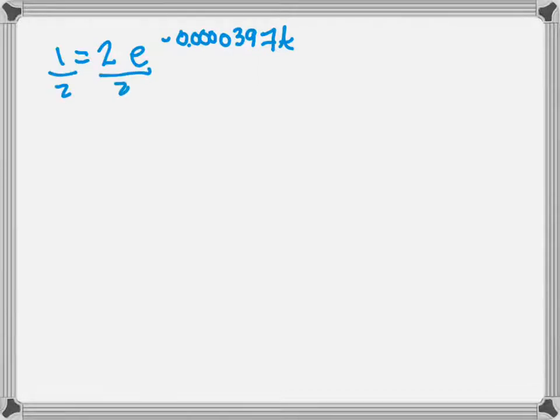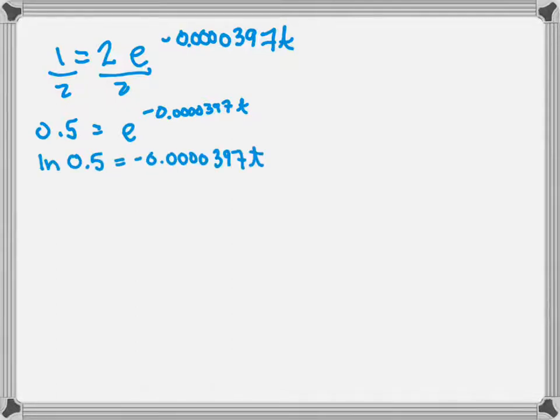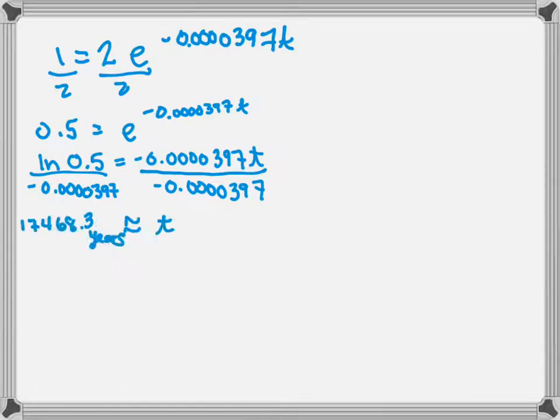We'll divide both sides by 2. 0.5 or 1/2 equals e to the negative 0.0000397 t. I will rewrite this in log form as the natural log of 0.5 equals negative 0.0000397 t, and divide both sides by negative 0.0000397. t is approximately equal to 17,468.3 years.